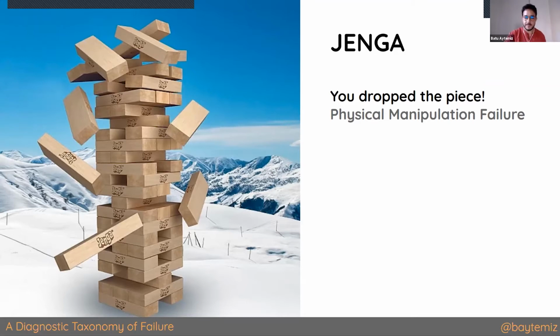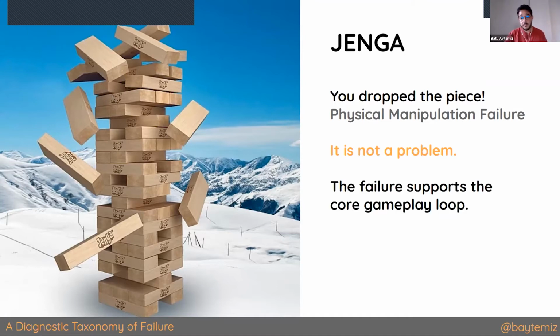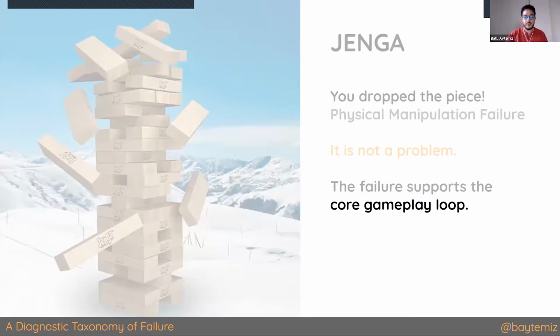The tower collapses. This is not a problem. It is not a problem in the sense that it is not a design problem. That type of failure isn't necessarily a design flaw. The reason why that is the case is because the failure supports the core gameplay loop. And with the core gameplay loop, I'm not referring to the update loop or programmatic loop, but rather the actions that the player repeatedly takes over the lifespan of the game.